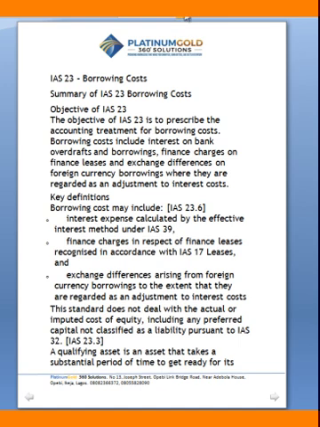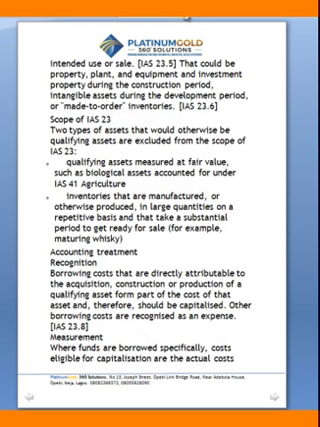So for an asset to qualify for capitalization of its respective borrowing costs, it has to be an asset that takes a substantial period of time to build. It will either be property, plant, and equipment, an investment property that is constructed over a period of time, or an intangible asset during a development phase when you are trying to develop a product or service.